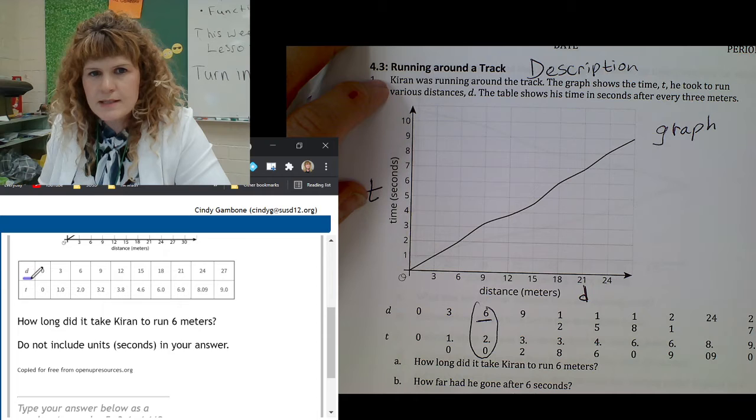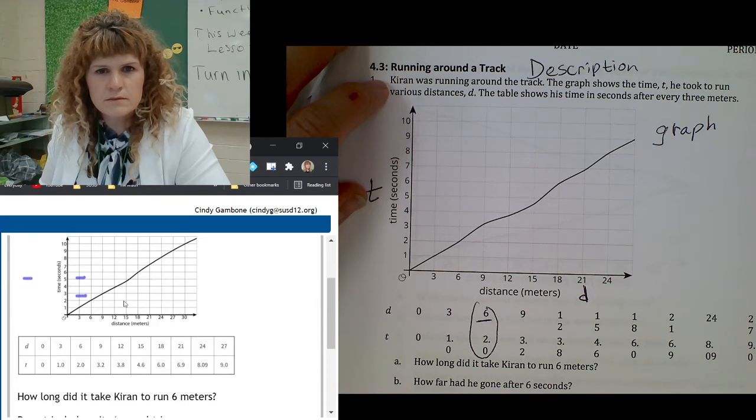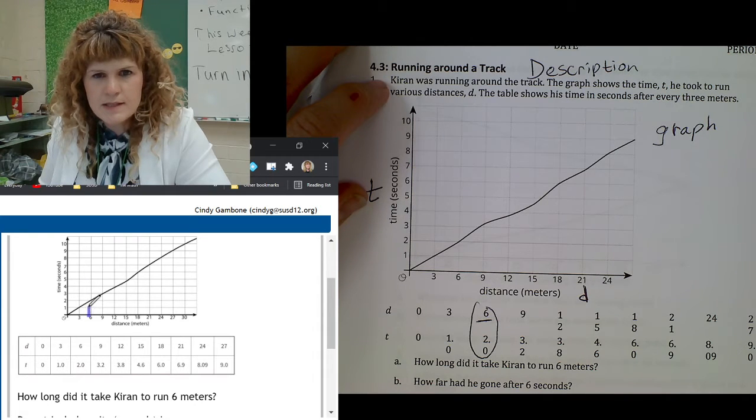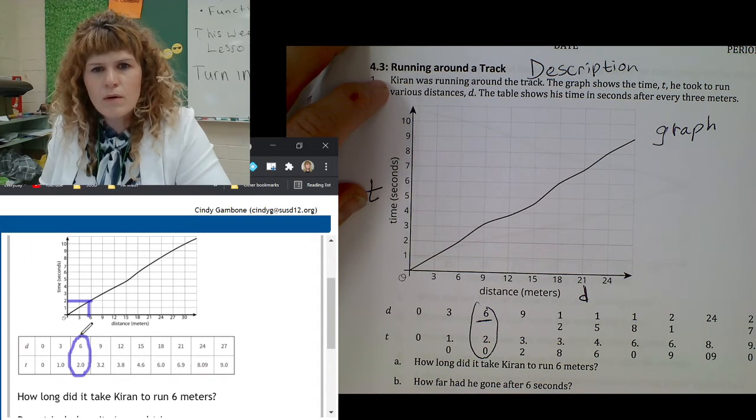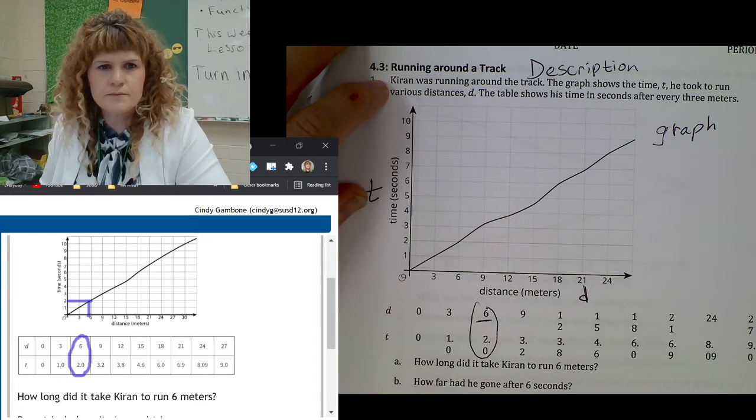When the distance equals 6 meters, it took 2 seconds. And you can see that on the graph too. I'll point it out. When the distance is 6 meters, it took 2 seconds. You can either look in the table or you can look on the graph.